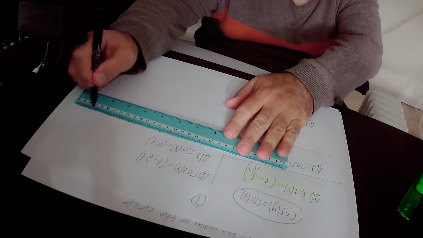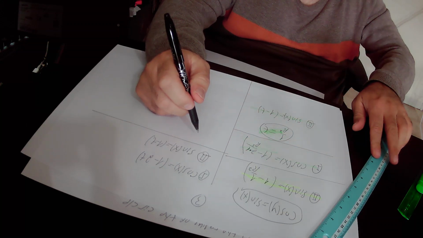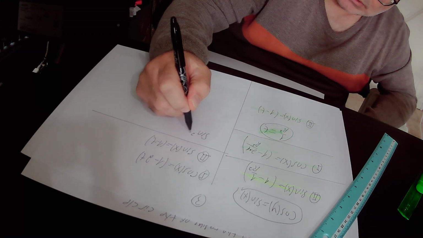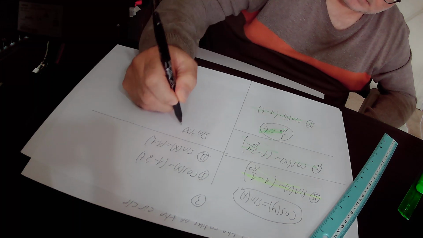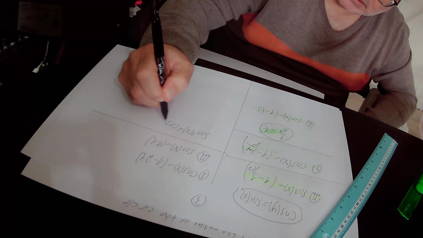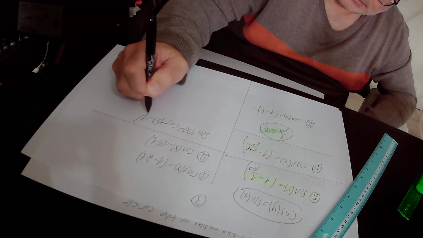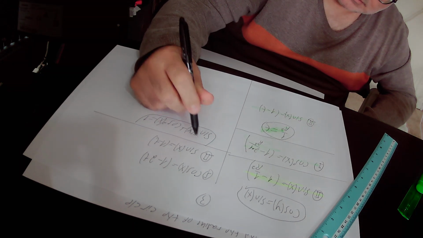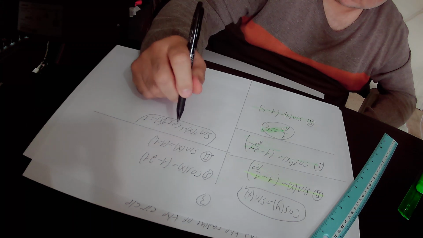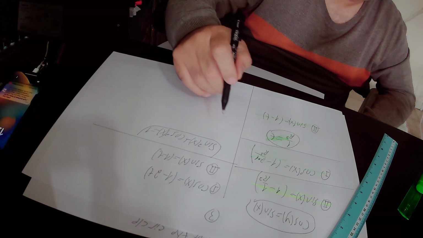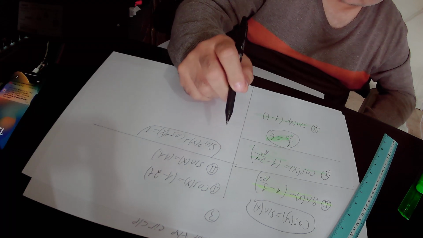Okay, in the next step, we use the trigonometric identity that says that sine square x plus cosine square x equals 1. So we implement this trigonometric identity in our two expressions for sine x and cosine x.